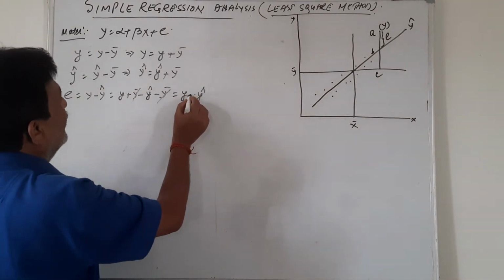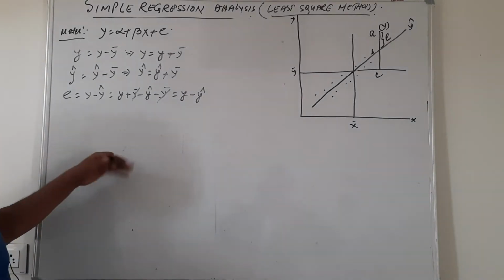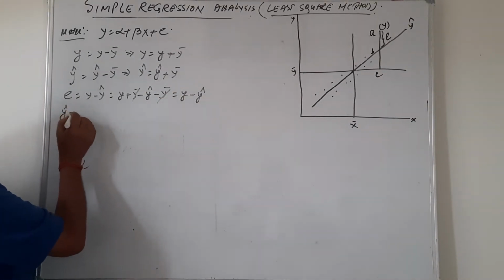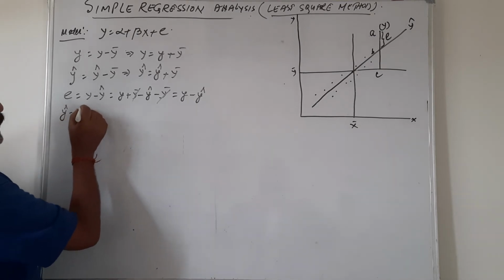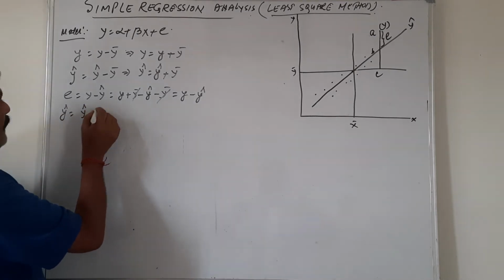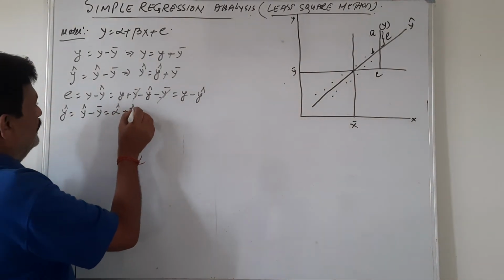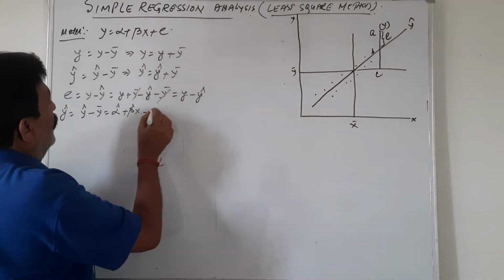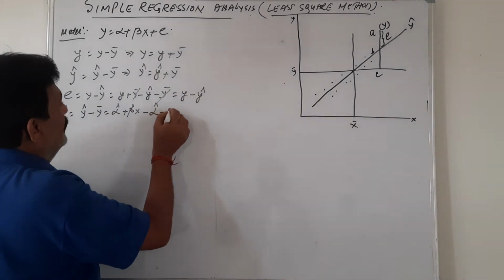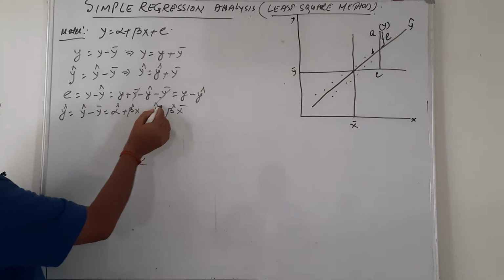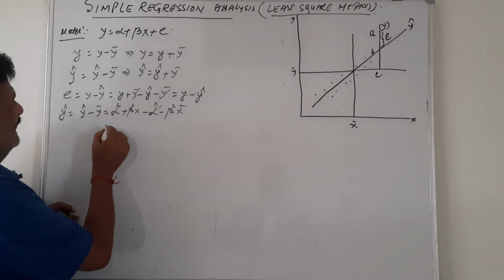So small y minus small y cap. Now this small y cap is defined as capital Y cap minus y bar, that is alpha cap plus beta cap x, minus alpha cap minus beta cap x bar. So y cap minus y bar, alpha cap gets cancelled.